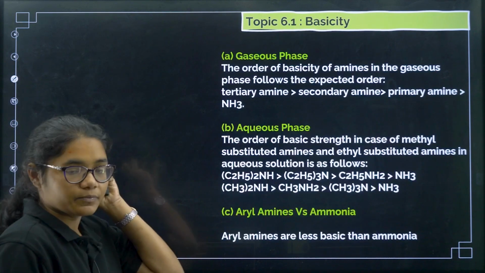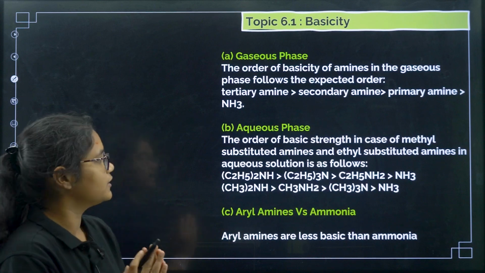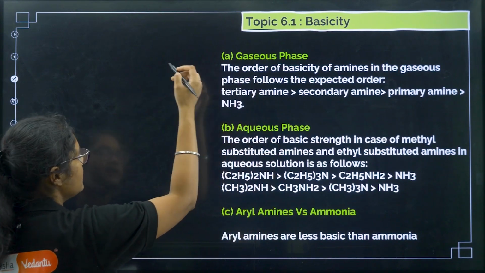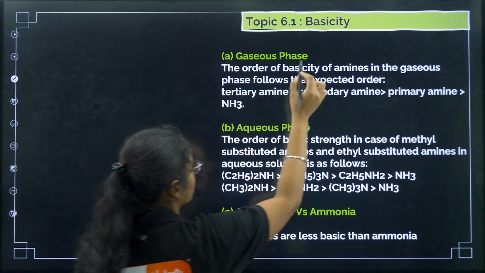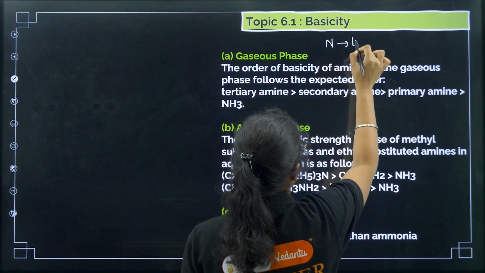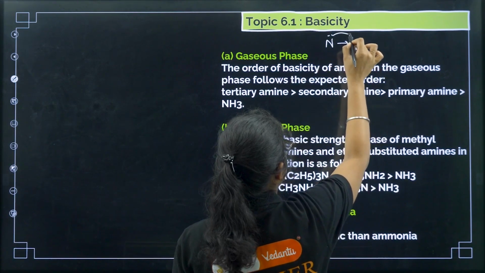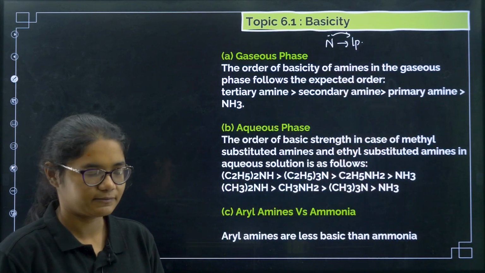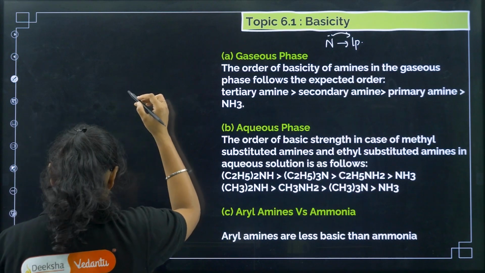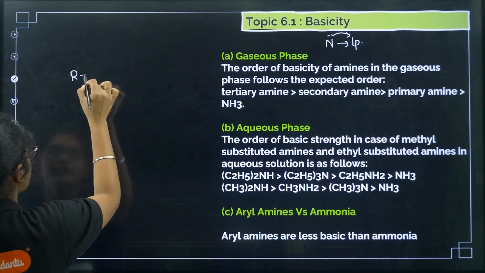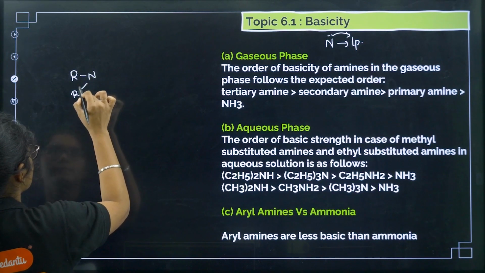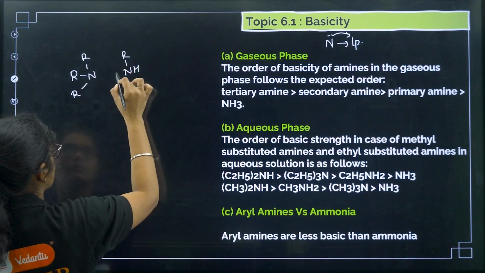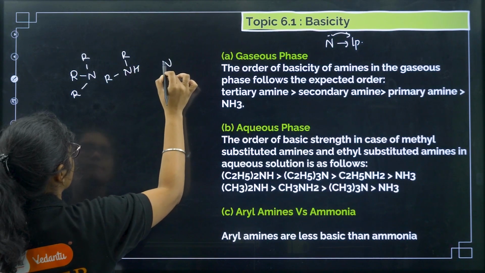Questions are asked repeatedly here, so you have to understand what basic nature means: the tendency to donate electrons, right? Nitrogen has a lone pair of electrons. The tendency of this lone pair to be donated is called the basic nature of amines. Now you have the tertiary group, then the secondary group, and then the primary group.